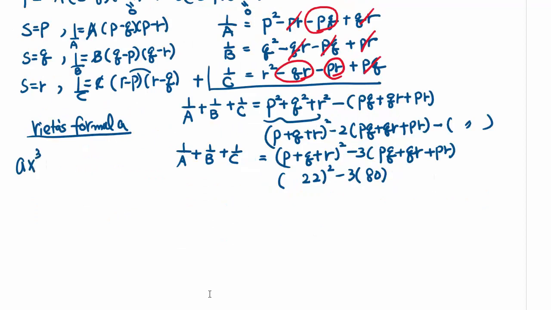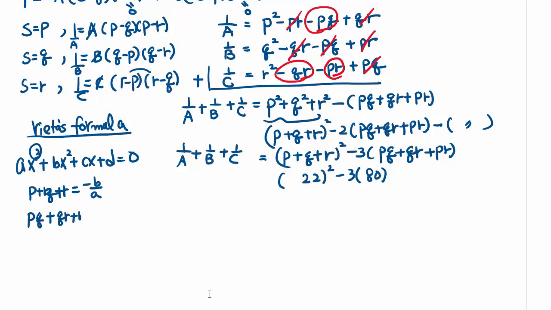For ax cubed plus bx squared plus cx plus d equals 0, you have three roots. The sum of the roots is negative b over a. The sum of the products pq, qr, rp equals c over a.